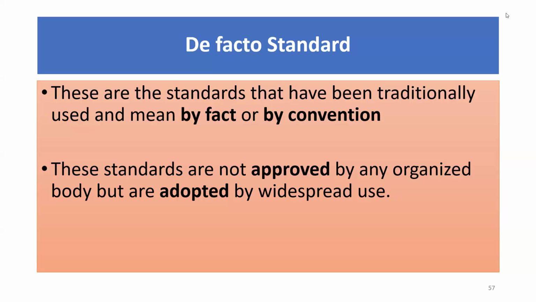Because they want to achieve a particular level of quality delivery, they always go by that. And then international bodies also prescribe the way things should be done, and they adhere to it. So that is a typical example of de facto standard.